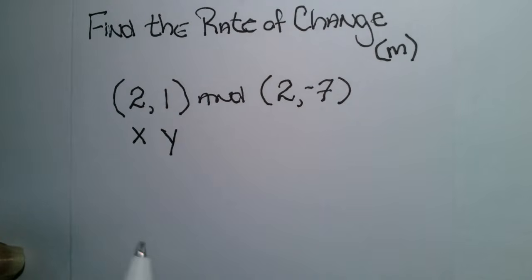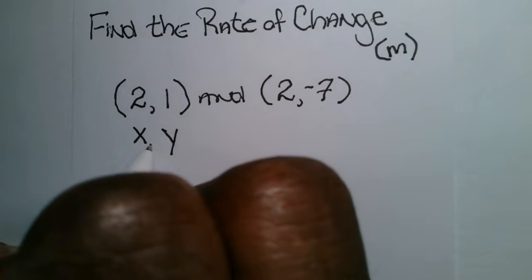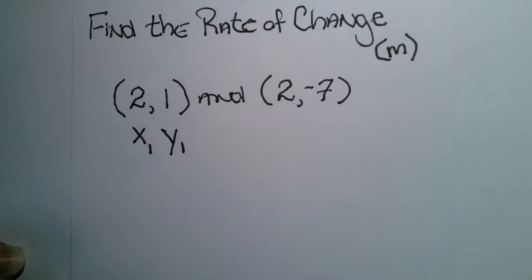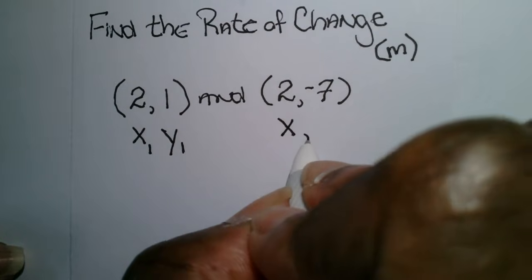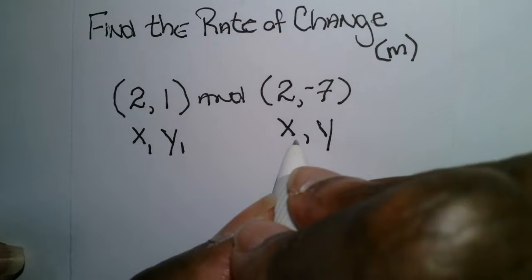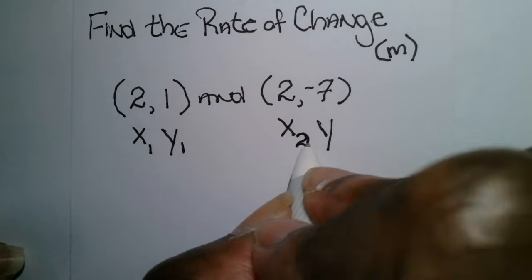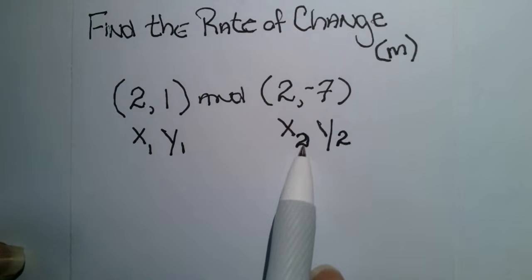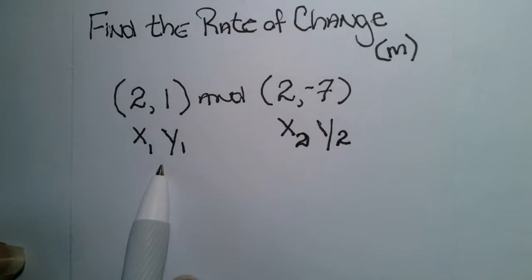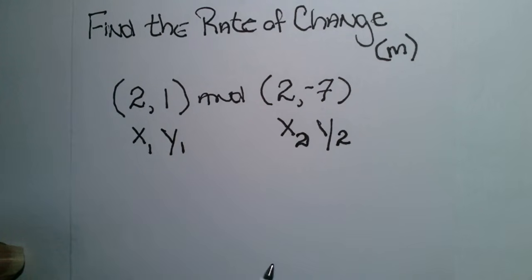Since this is the first point, this is going to be my x sub 1 and my y sub 1. Similar is happening here, but this is going to be my x sub 2 and my y sub 2. The 2 is representing the second point. The 1s are representing the first point.